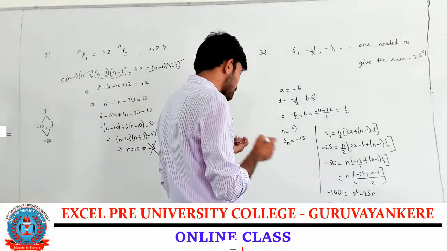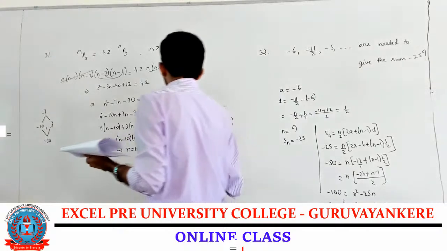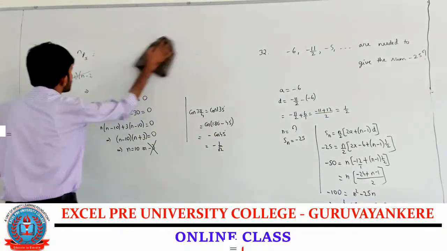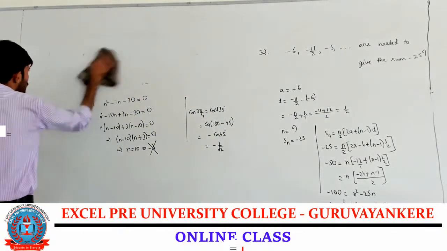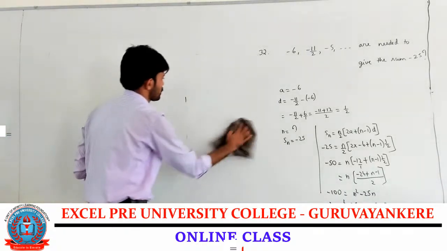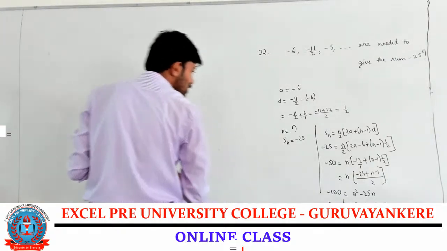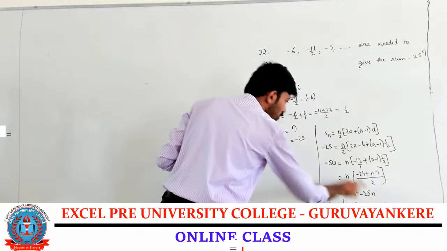Now you can factorize this. Adding you must get minus 25, multiplying you must get 100.